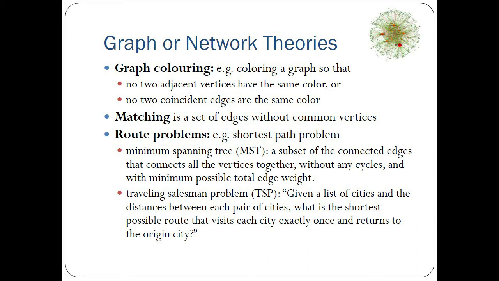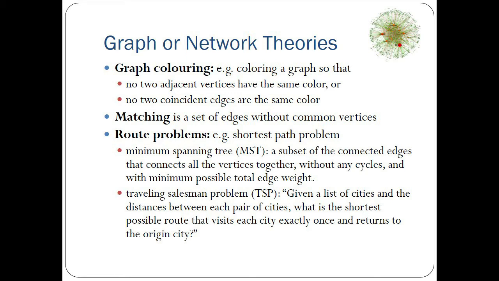So when you define that, you color the graph such that you do not put the same color on any two adjacent vertices. Another: you color the graph such that no two coinciding edges have the same color. This is the way you define graph coloring, which you'll study in detail in graph theory courses.